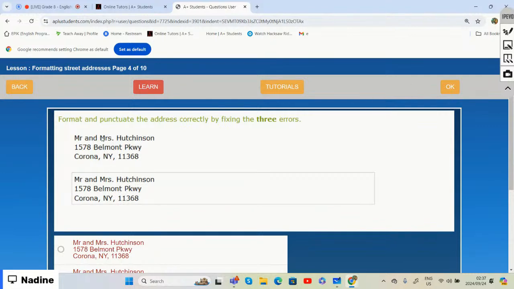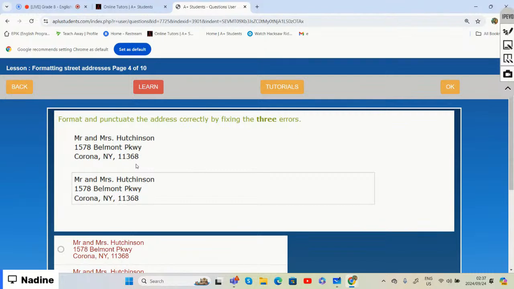So now we need to format and punctuate the address correctly by fixing the three errors. So we need to select three errors. It says Mr. and Mrs. Hutchinson. So Mr. and Mrs. Hutchinson.